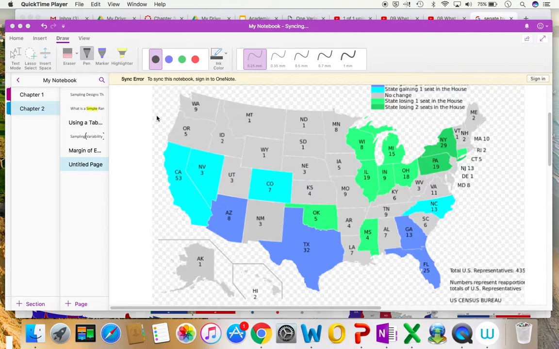So if we were to list everybody in the country in alphabetical order, give everybody a number, and randomly select a sample of 435 people, which also happens to be the number of representatives we have in the House, there's a good chance that the breakdown of those subjects would be proportional to the House of Representatives.